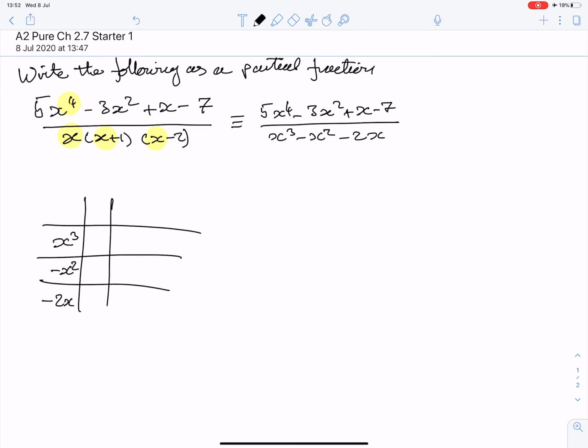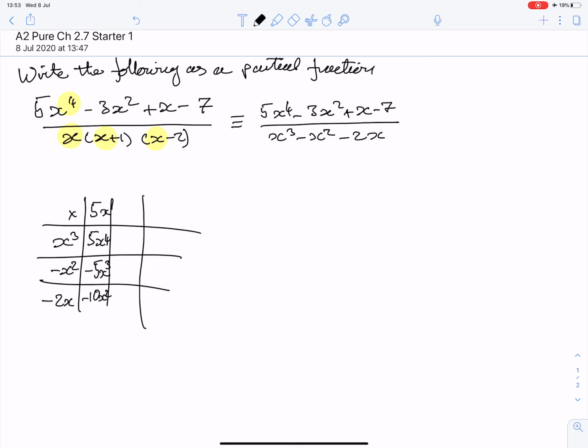So in here we've got 5x to the 4 divided by x cubed gives us 5x, minus 5x cubed minus 10x squared.